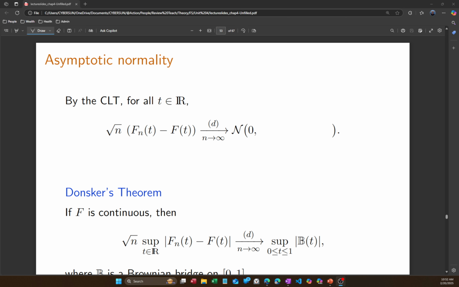If I go here, this is an average, and therefore the central limit theorem can be applied here. F_n(t), as a function of t, represents an average of Bernoulli random variables.